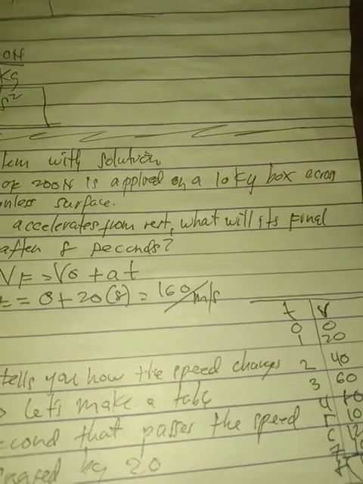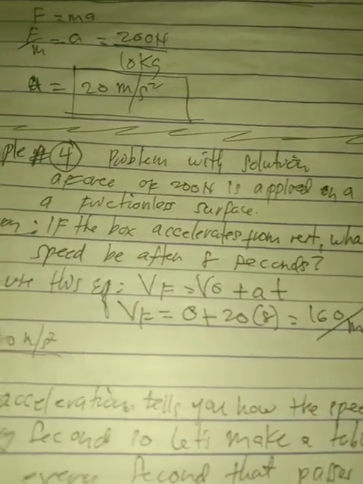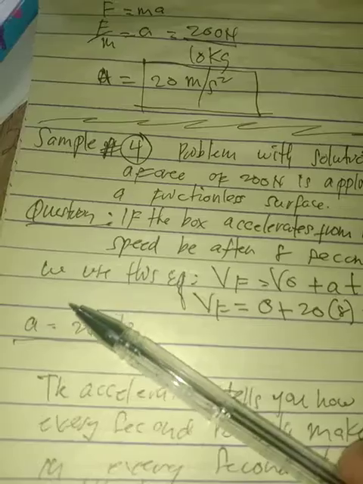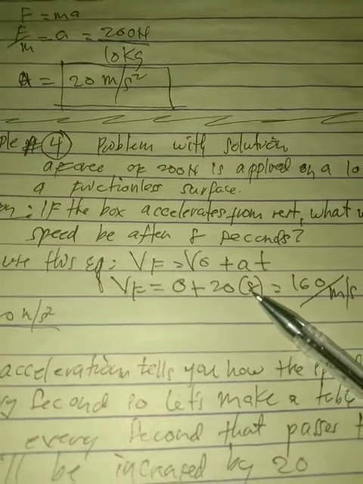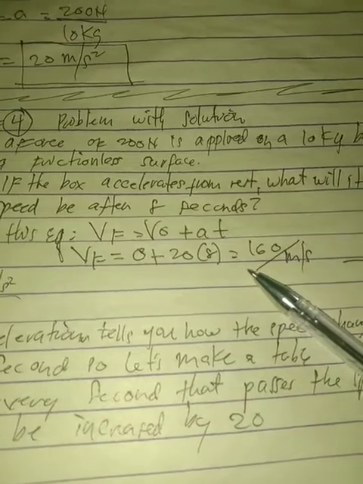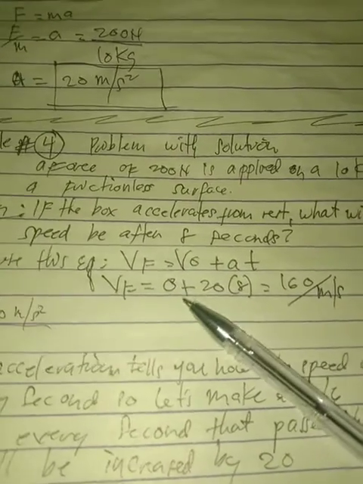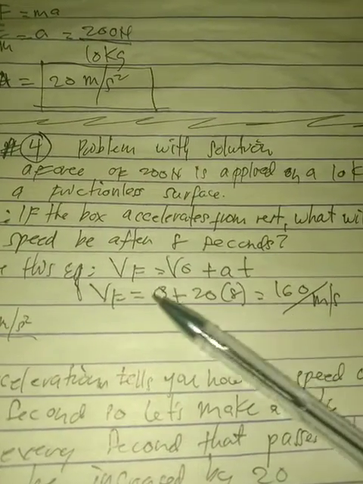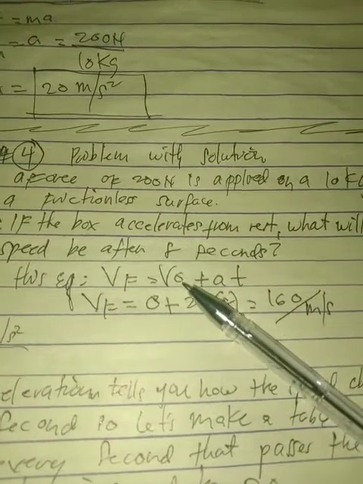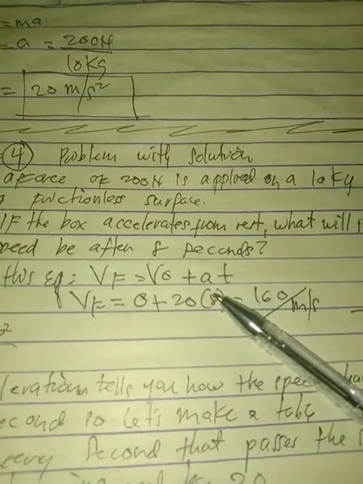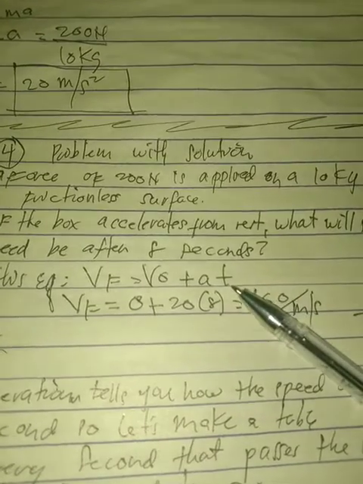We are going to use this formula: Vf equals V0 plus a times t.